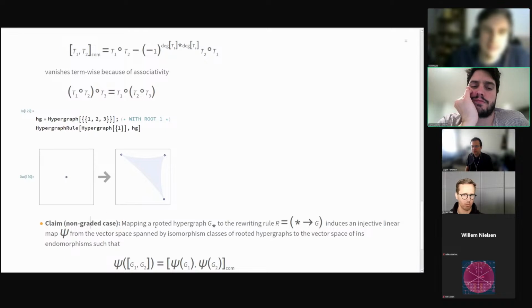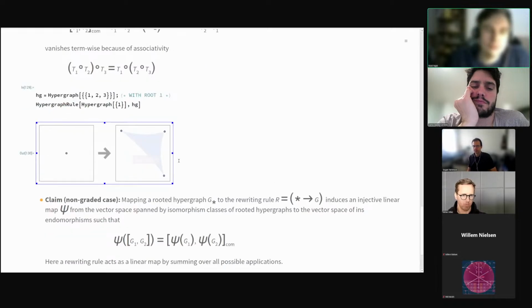But in the non-graded case, if you map the rooted hypergraph to such a rule, then this rewriting rule can actually be considered as a linear map on the vector space generated by isomorphism classes of rooted hypergraphs. How?